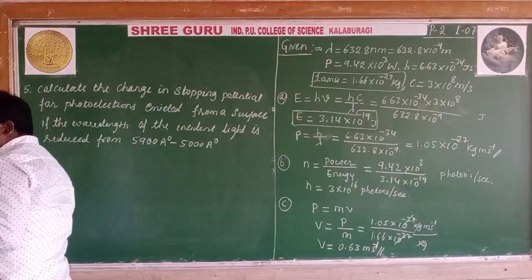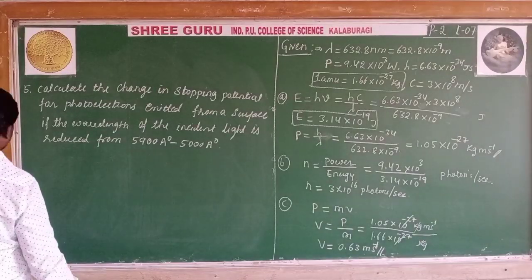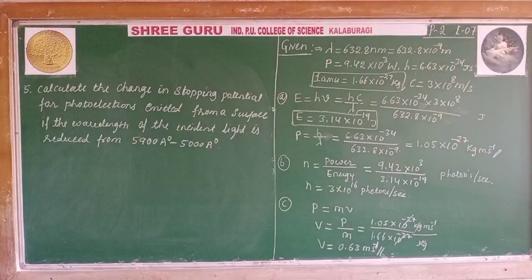Already we know that 1 angstrom is 10⁻¹⁰ meter.